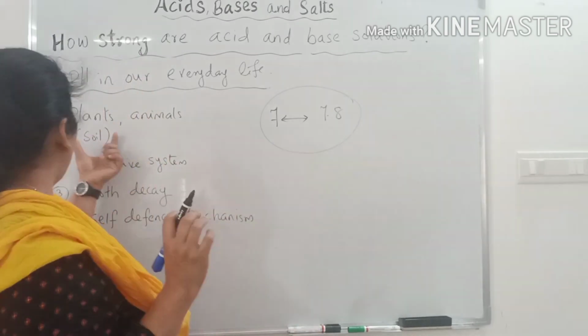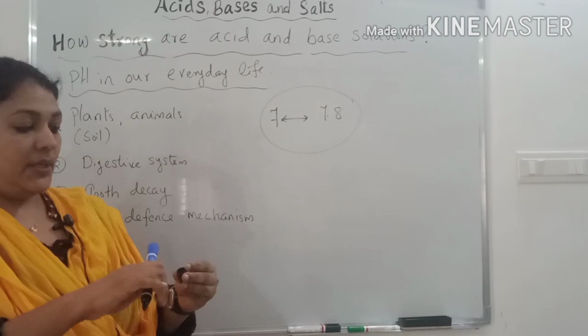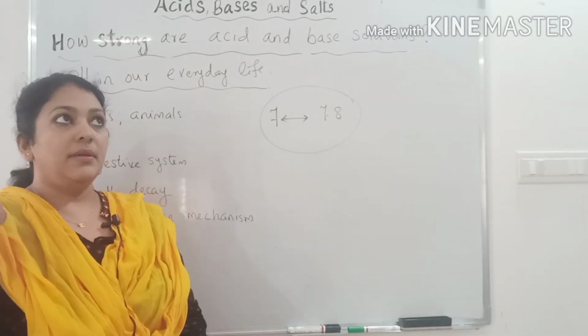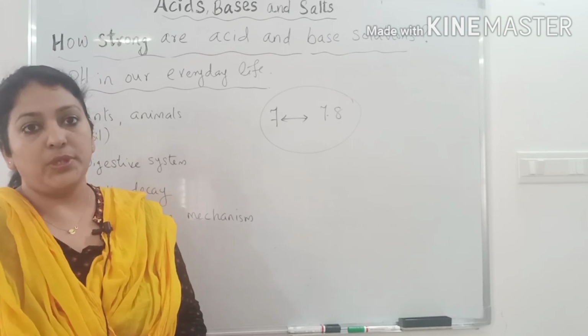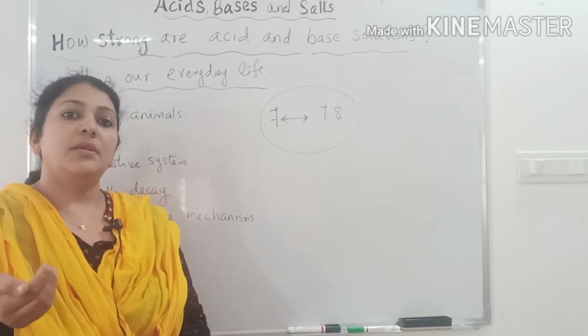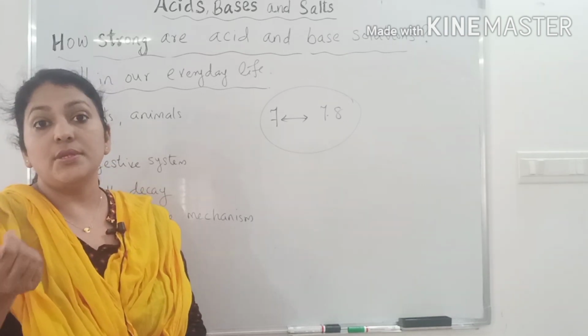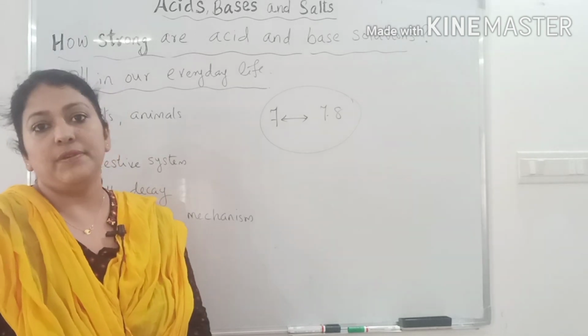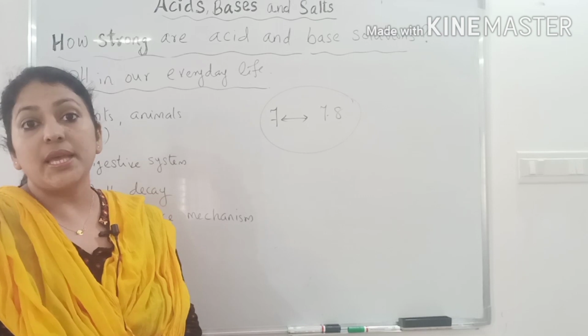Okay, let's think about plants. Plants, you know that they grow in soil, right? So the pH of soil is very important. If the pH of soil goes too acidic or too basic, plants cannot survive. So what can the farmers do?